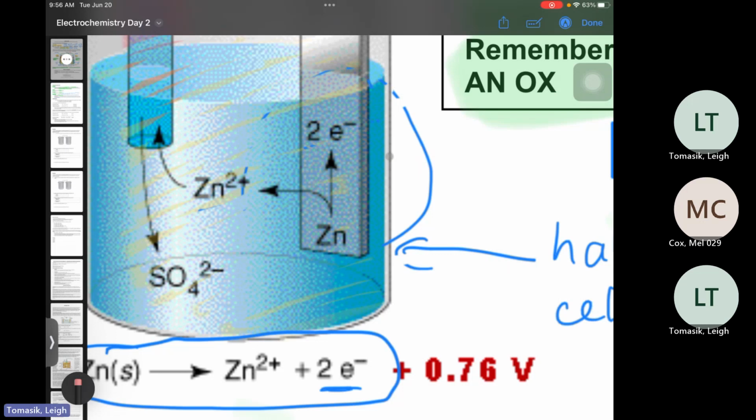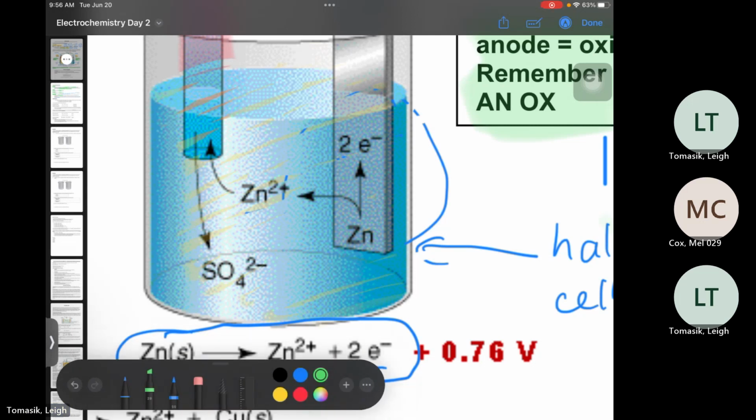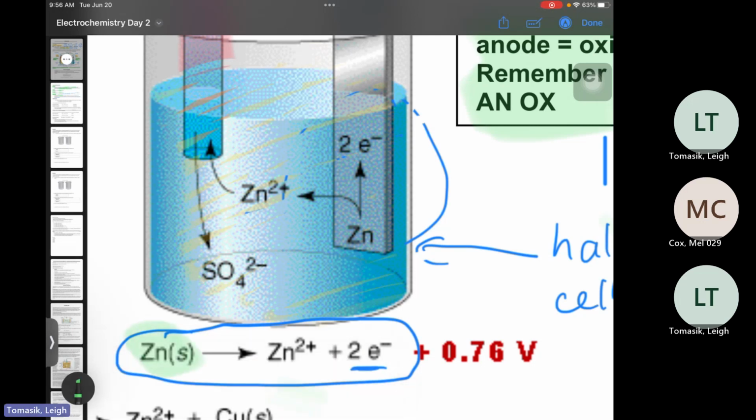It says that solid zinc is turning into, I'm looking at the equation right here, solid zinc, in other words the metal, is turning into zinc 2 plus ions and electrons.